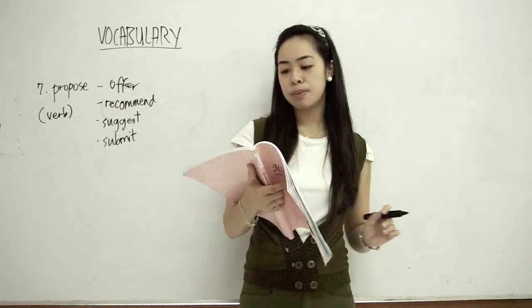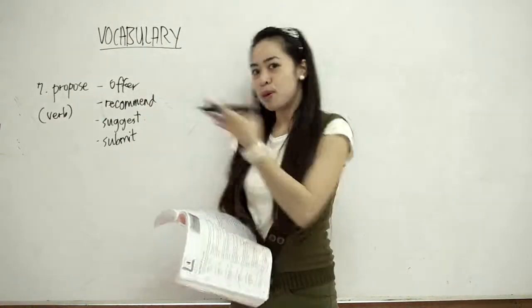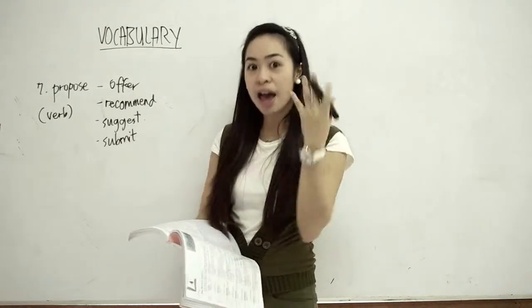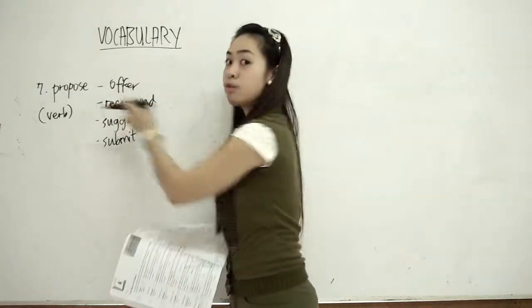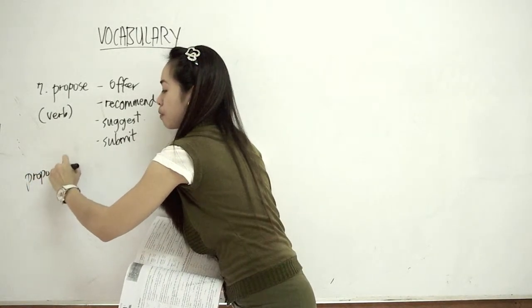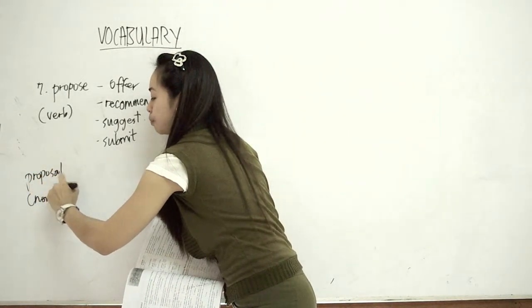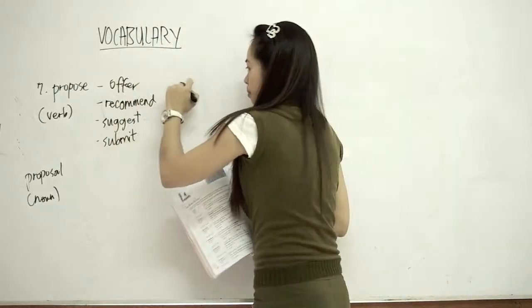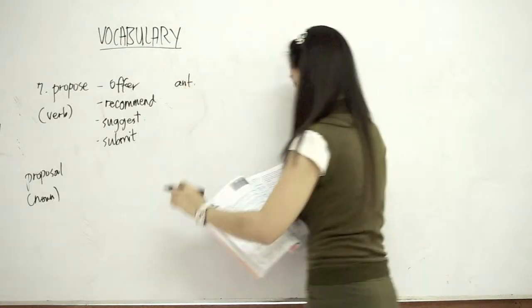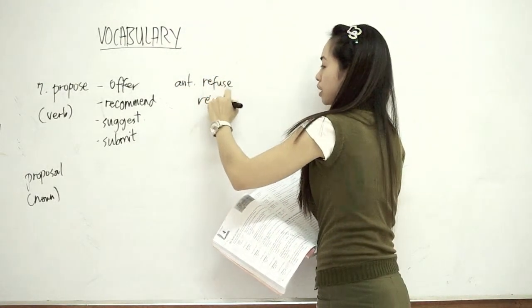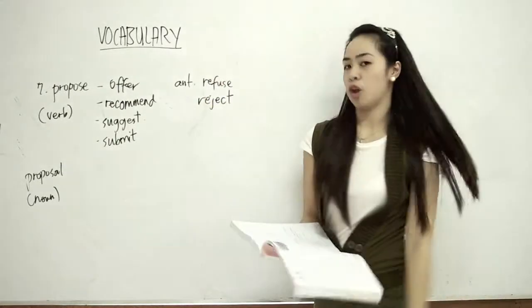It's like simply when you like a girl, and then you propose to her, you're giving chocolates, right? You're giving flowers, so that is a way of proposing. We call that proposal. That acts as our noun. Okay, so the antonyms for this word: refuse, reject, turn down.